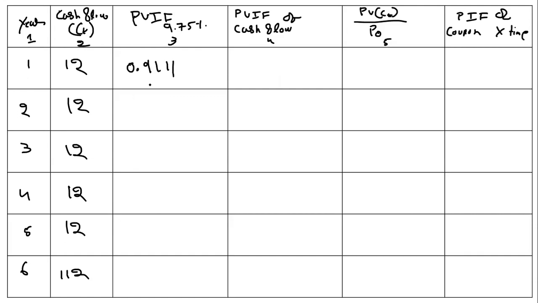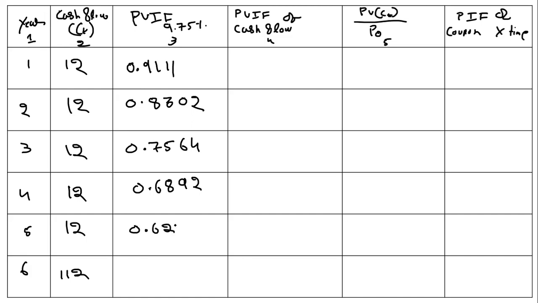I will press equal to again: second year 0.8302, then 0.7564, then 0.6892, then 0.6280, and then 0.5722.